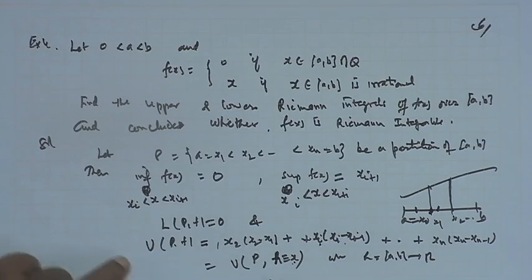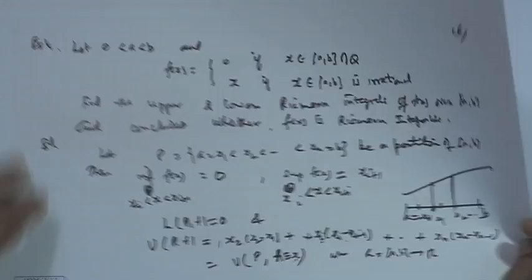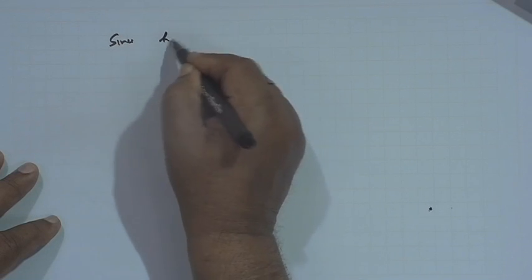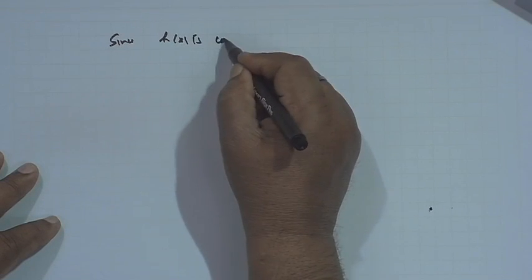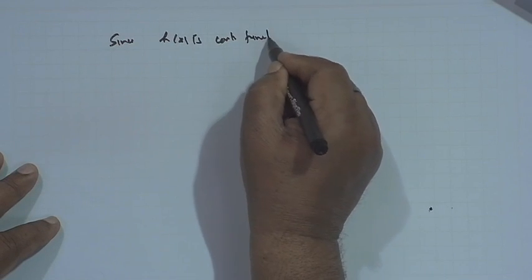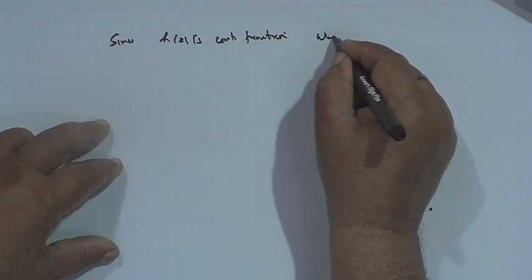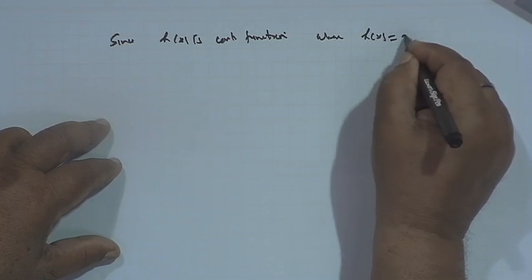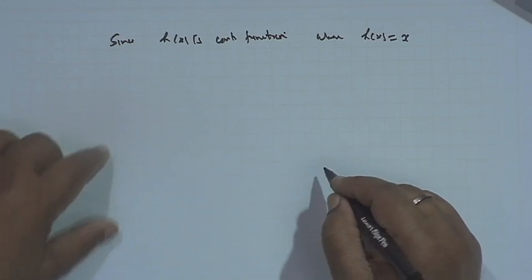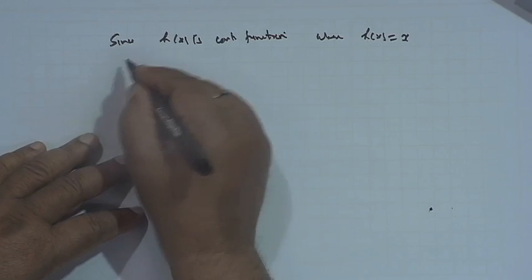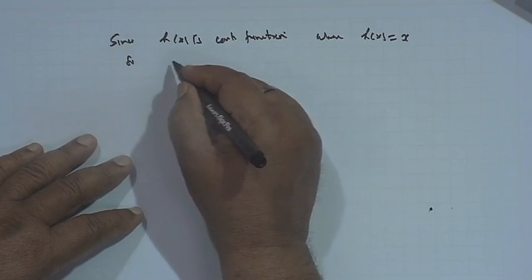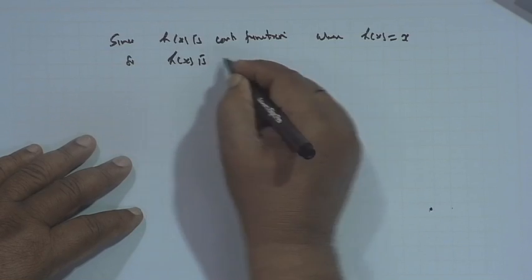Therefore, this mapping upper sum will be, so basically what we get is that since h(x) is a continuous function, where h(x) is equal to x, it is Riemann integrable. So, h(x) is a Riemann integrable function.